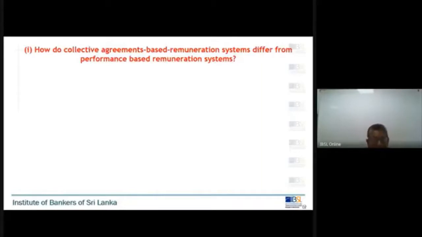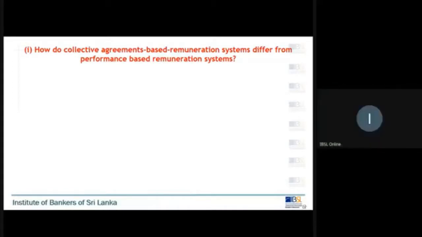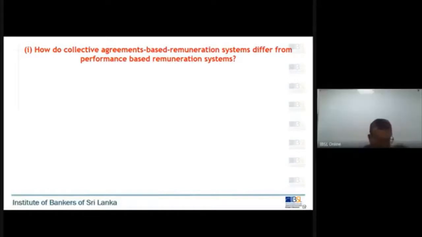Especially for government banks, you have a collective agreement system and a performance-based remuneration system. Now, what do you mean by a performance-based remuneration system?